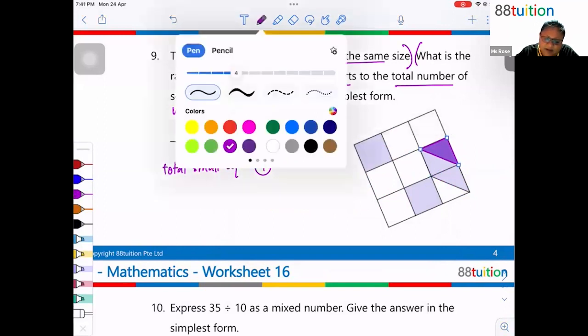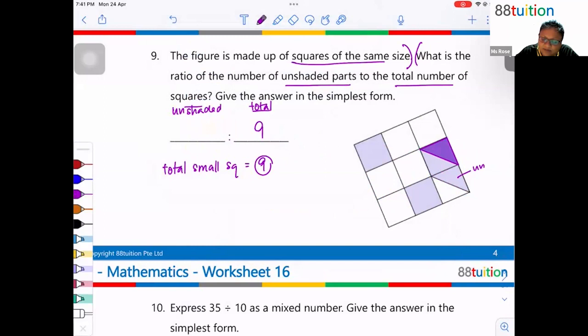So then this becomes unshaded because I move it here. So how many shaded triangles do I have? Shaded triangles will be 3. So that makes unshaded, sorry, not triangles, squares. So I have 3 shaded squares, and unshaded squares becomes 6. So we want unshaded, so it's 6.